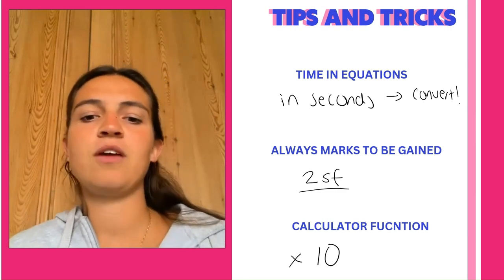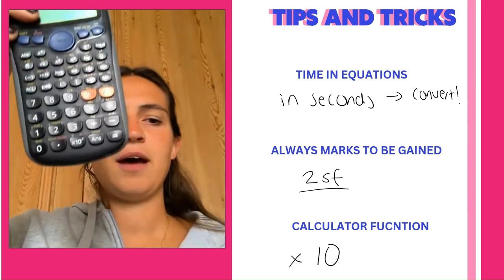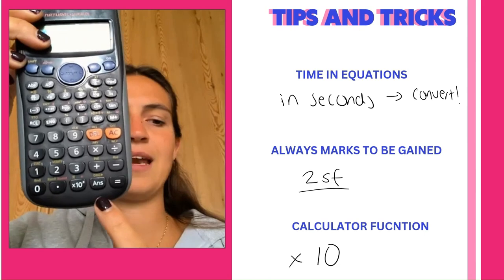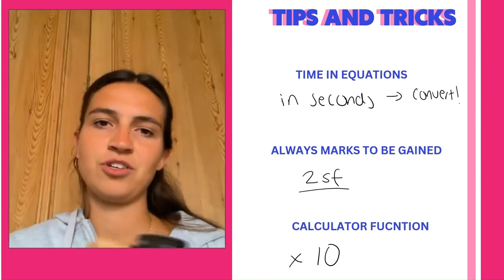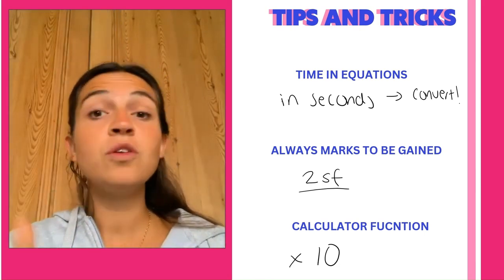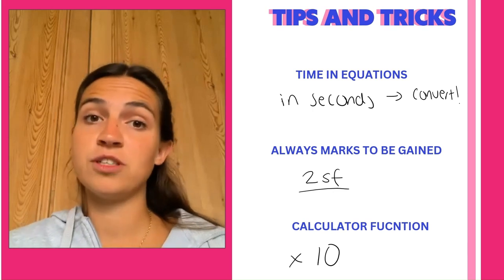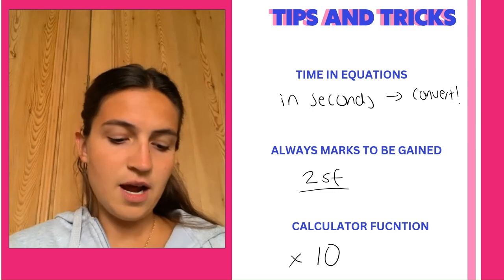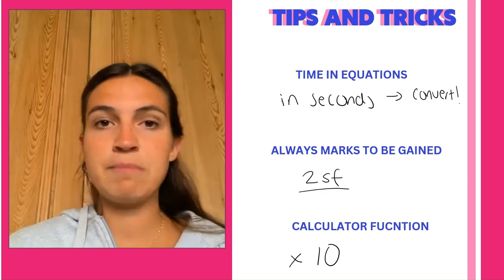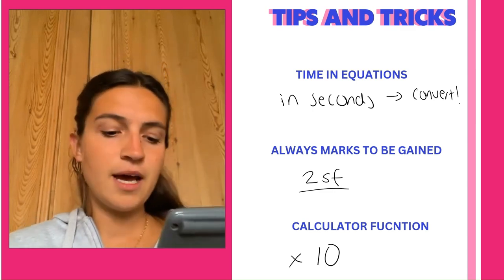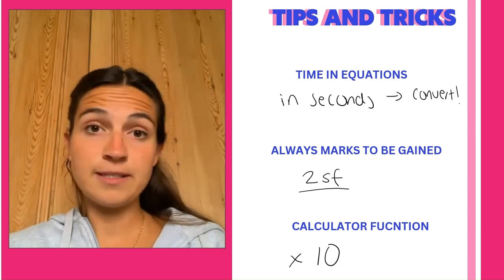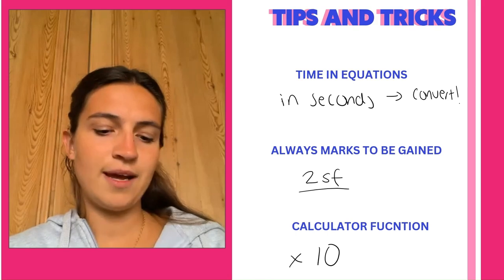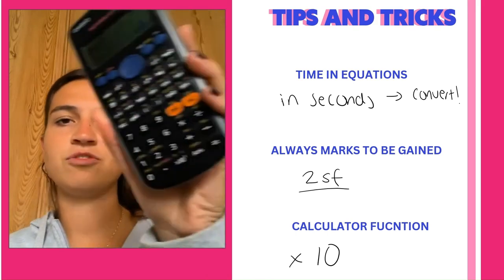Okay, and finally, your calculator function. If you have a look at your calculator here, along the bottom line is that times 10 to the x function there. And I like to use that for some of my conversions. So if I'd like to convert, let's say 3 milliamps into amps, I type 3, then I press that button, and then I put minus 3, and that does it straight for me there.